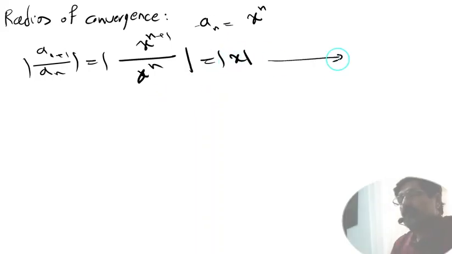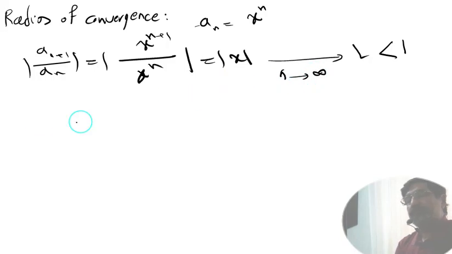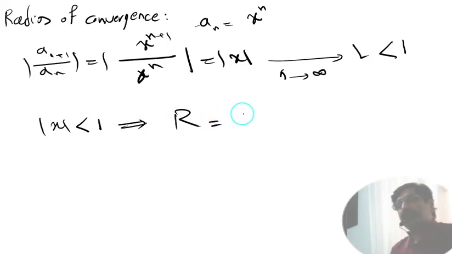It has to converge to L, and L less than 1. When n goes to infinity, we have the absolute value of x less than 1, so the radius of convergence is 1.